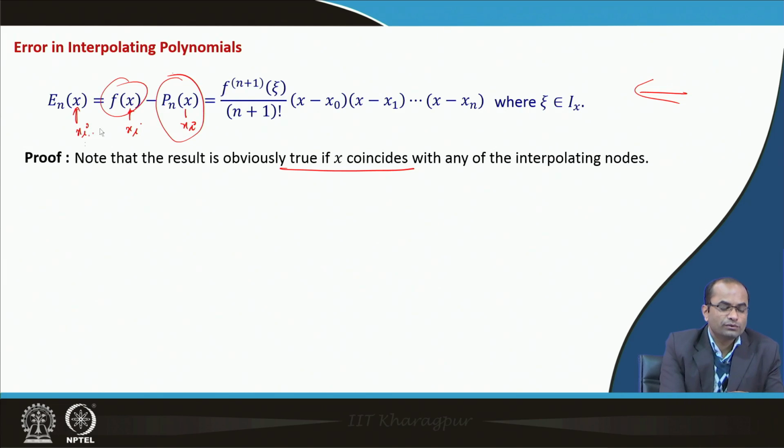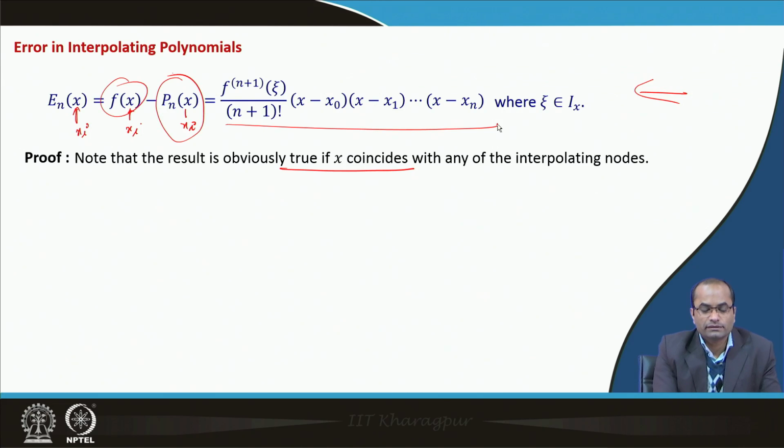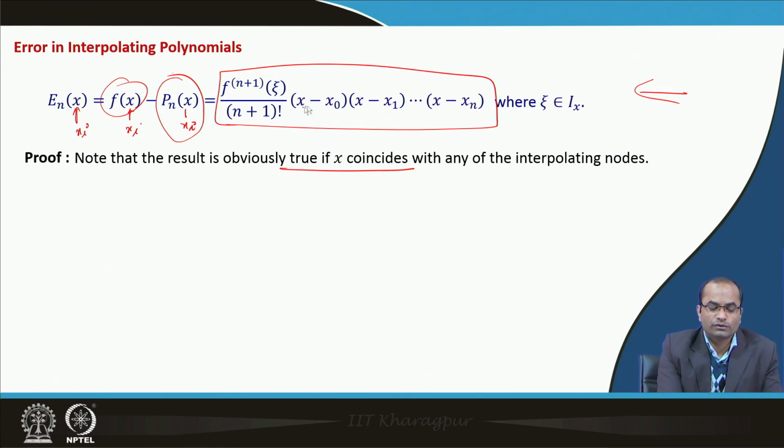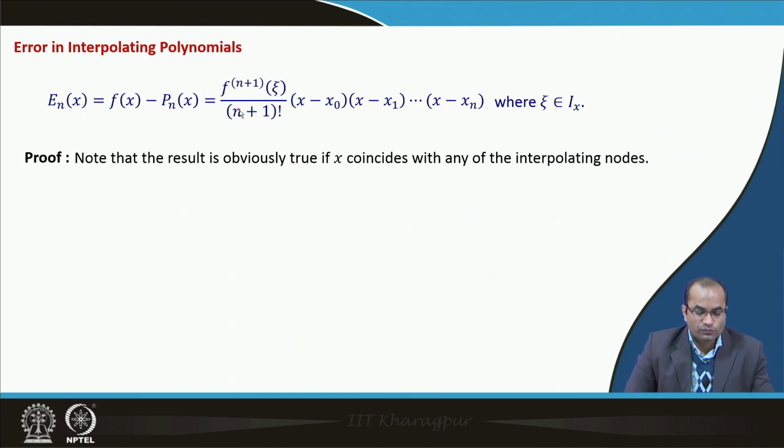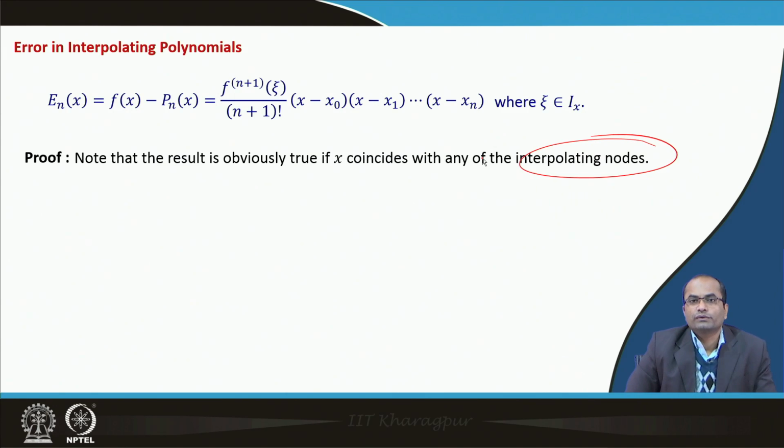So, this will be 0 here. Then the error is 0, and this side also, this formula will give 0, because when x is one of these nodes, this will make everything 0. So, we have 0 equal to 0. That is obviously true when x coincides with the interpolating nodes, meaning x0, x1, x2, x3 and so on.